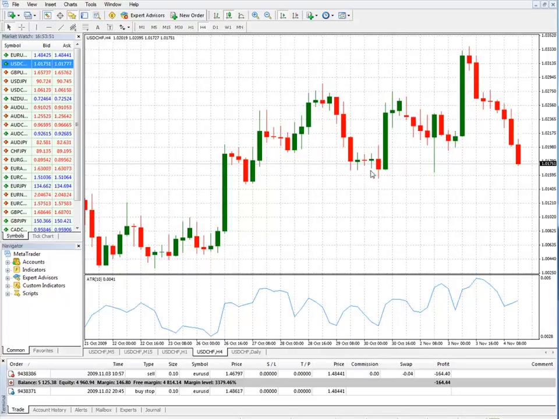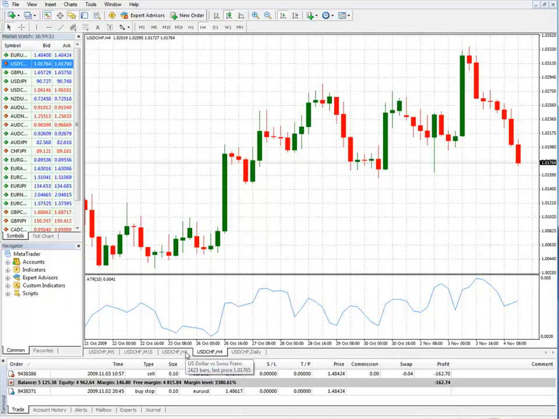Now we may bounce back up at this particular stage because of these prices here, which may form some level of support. And again, support being a place where prices do not seem to be able to penetrate on the downside, and resistance is a place where prices do not seem to be able to penetrate on the upside.